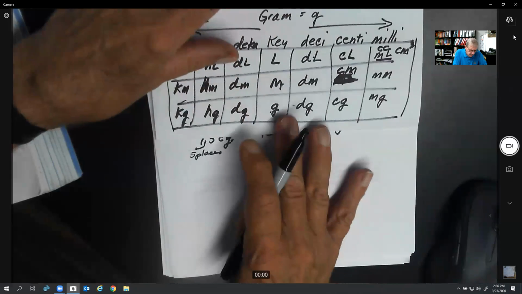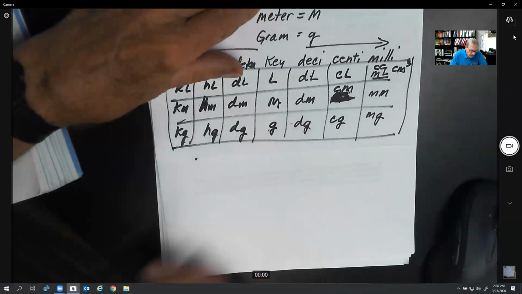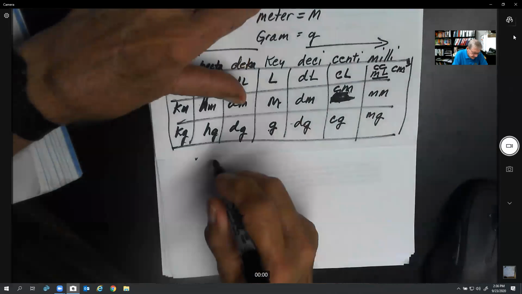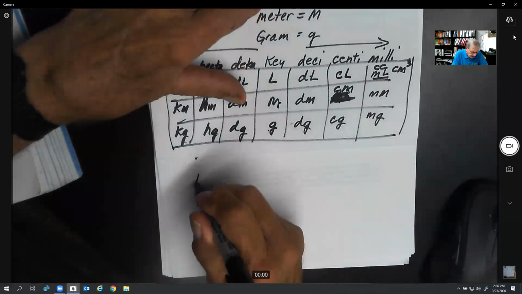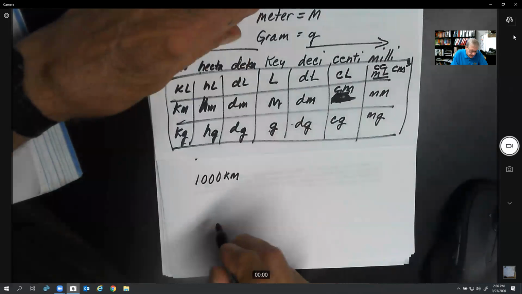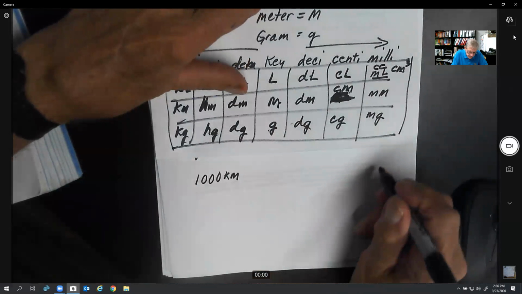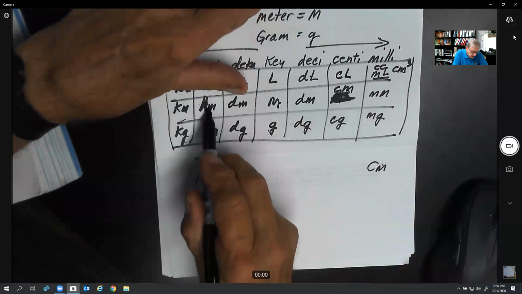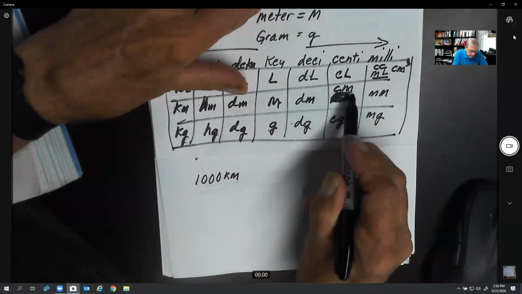We'll move this down so we can all see it. What's a good one to do? Okay, I'm at 1,000 kilometers, and I want to change that to centimeters. So I'm going to move 1, 2, 3, 4, 5.